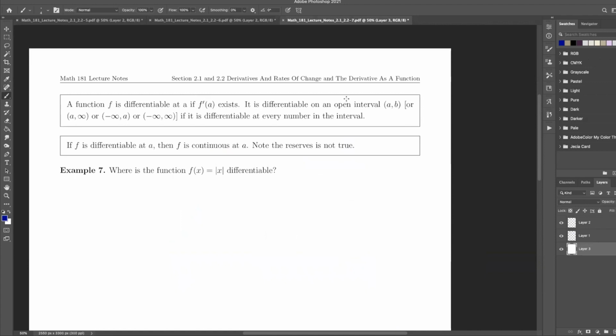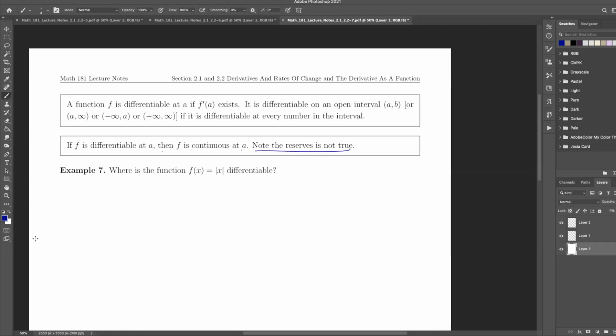If the function is differentiable in the open interval a through b, we say it's differentiable for every number on that interval. If a function is differentiable at a, then the function is continuous at a, but the reverse is not true. The reverse is not true.